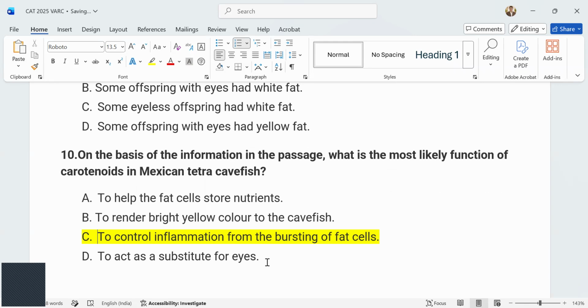Because of these anti-inflammatory properties, Mexican tetra fishes might be storing more carotenoids because they eat more during certain seasons, and because of eating more, they have these fat deposits, and to protect themselves from the inflammation, they probably have these carotenoid deposits, right? So this was it.